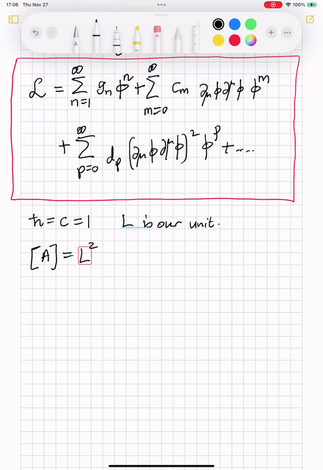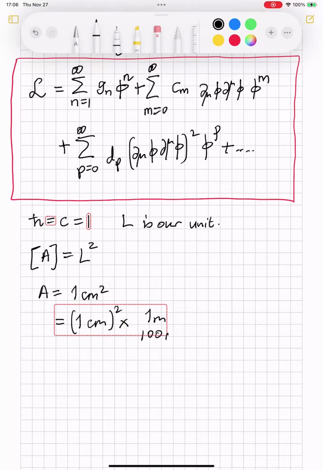And I'm going to imagine that I've got an area which is 1 centimeter squared. So how can I rewrite this? Well, I want to flow to longer units. So maybe I start off in my microscopic theory, where a centimeter is a reasonable unit of length. But now I've flowed to my long distance theory, and maybe now a meter is a better length scale. So I'll take 1 centimeter squared, and I'll multiply by 1 meter divided by 100 centimeters.